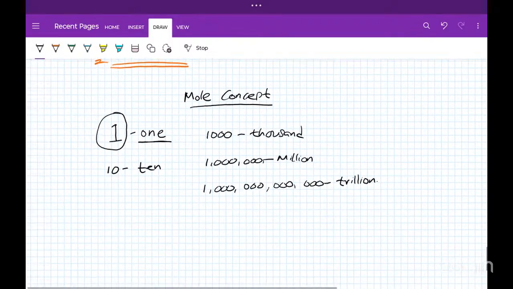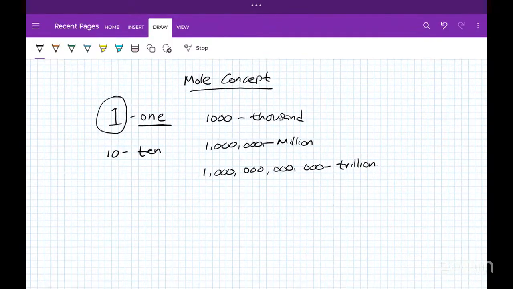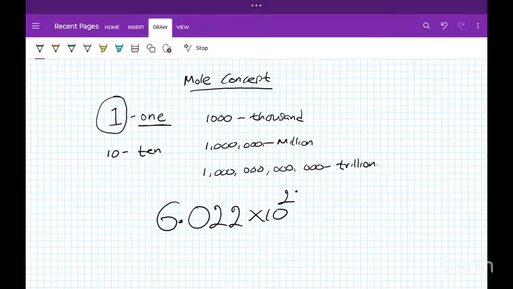Now, this number, 6.022 into 10 to the power 23, is pretty special in chemistry. I told you that some numbers have been given names.